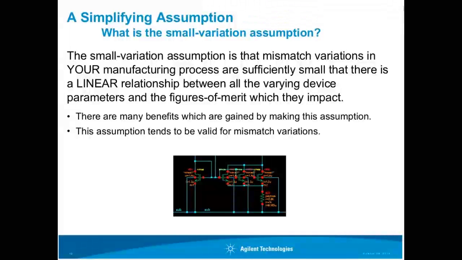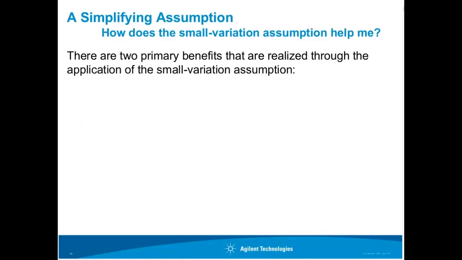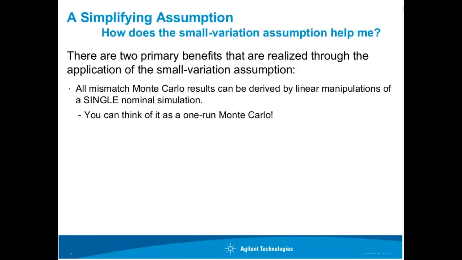Okay, so how does this simplifying assumption help me? There are two main benefits of using the small variation assumption. The first one is that in order to get a set of Monte Carlo results, you can do that by simply running a single simulation and then making linear manipulations from the single nominal result to find all of the other results.